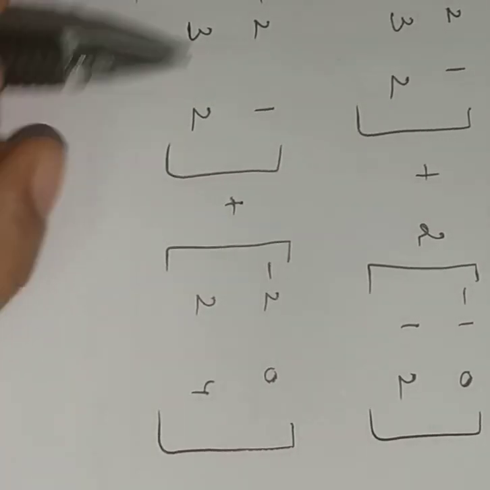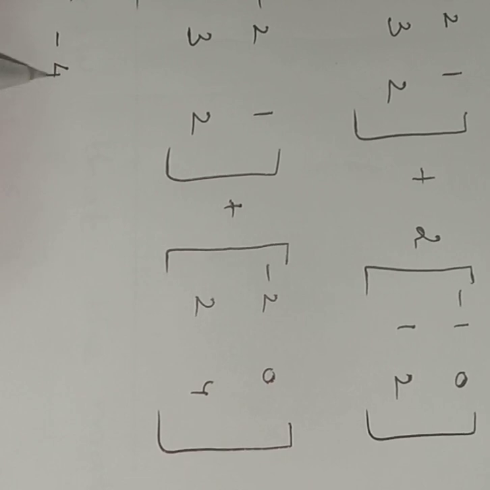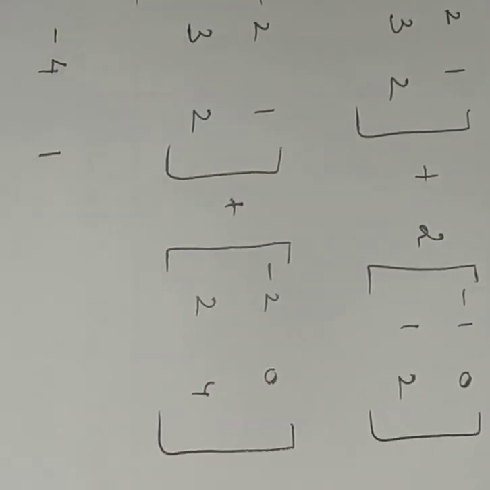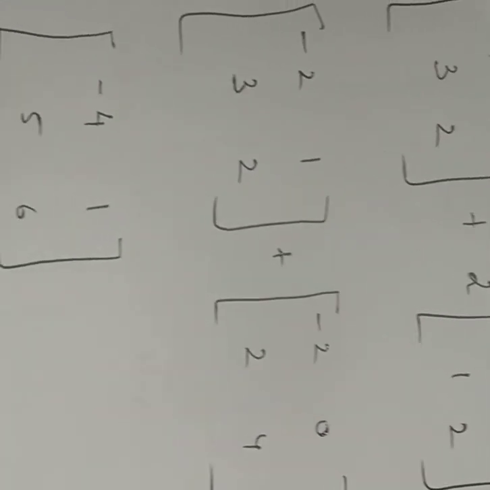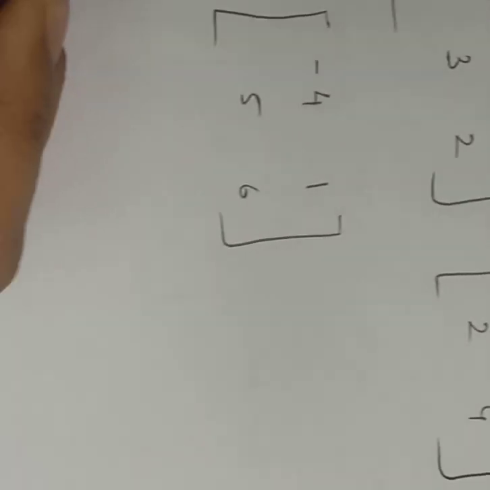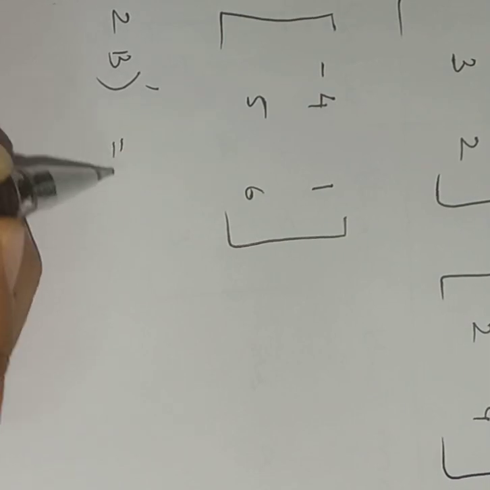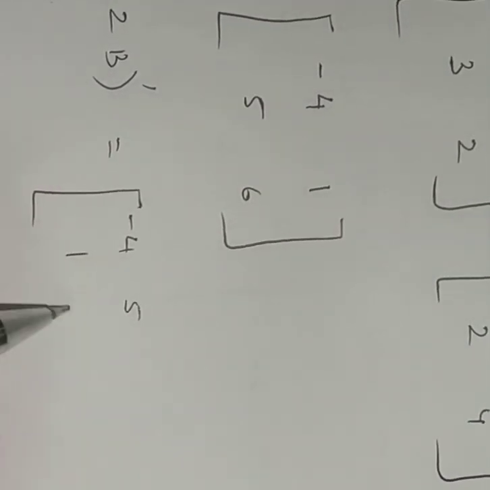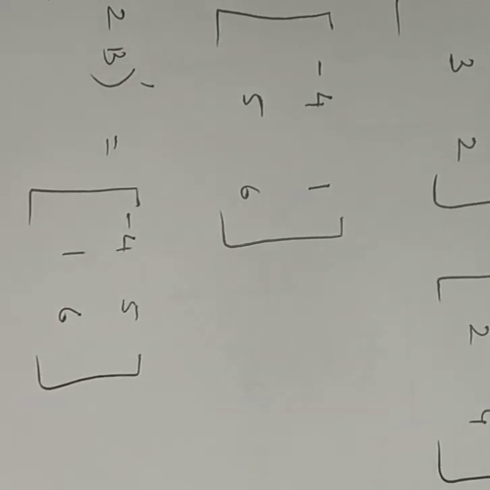So now we are going to add: minus 2 plus minus 2 is minus 4. 1 plus 0 is 1, 3 plus 2 is 5, 2 plus 4 is 6. This is your A plus 2B. They are asking (A plus 2B) the whole dash, so we are going to find the transpose of this. So this is the answer.